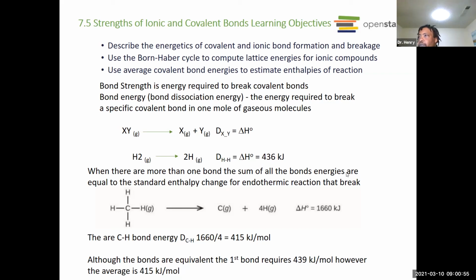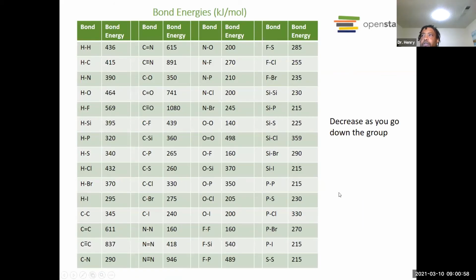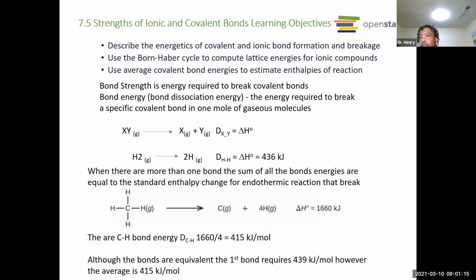So there's a table that's provided in your book, and then also in the back of the appendix, you have the bond energy associated with each of the different bond types. Okay, so in the case of hydrogen and the carbon, each of those bonds are going to be 415, right?